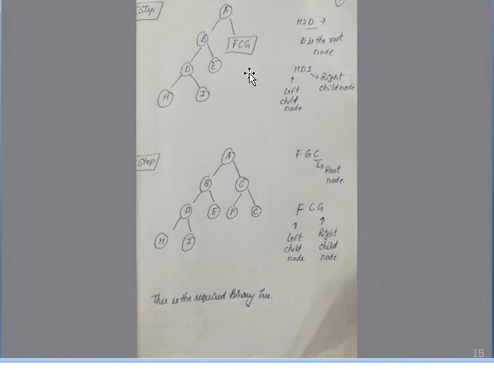So remaining is my right child. If I am seeing F, C, G, so C is the root node, F is the left child node, G is the right child node. So this is the required binary tree.